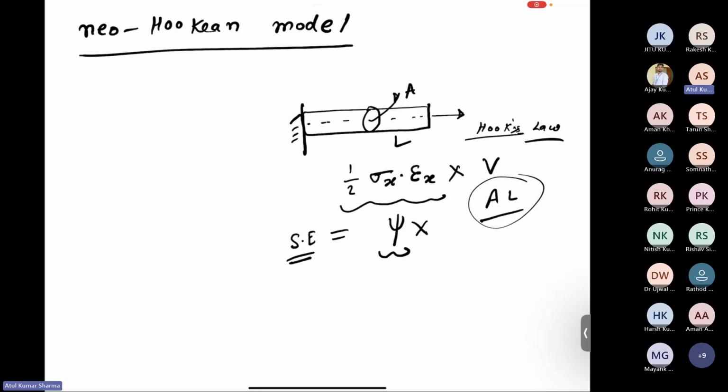the energy density is half sigma into epsilon for a 1D case. But here, because this dielectric elastomer is not a linear elastic solid, we cannot model it using Hooke's law. We have to use some other model, one of which is the Neo-Hookean or hyperelastic model.